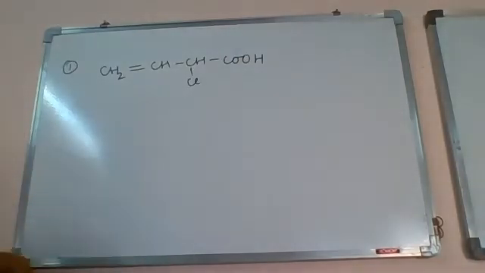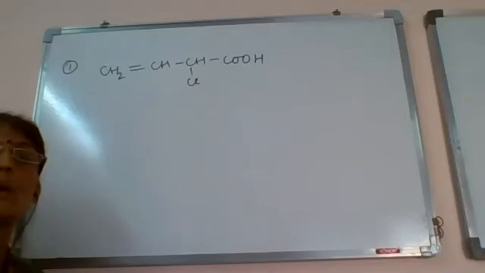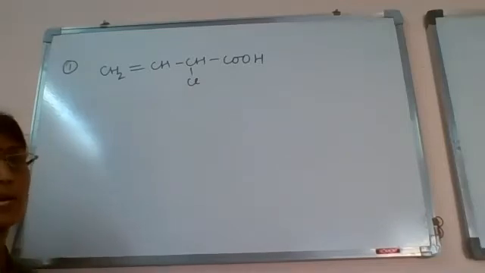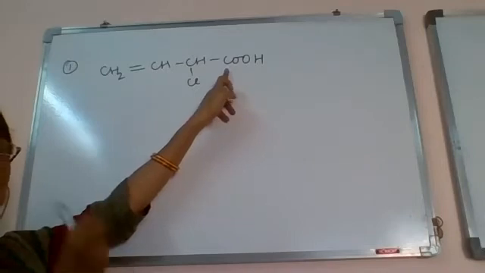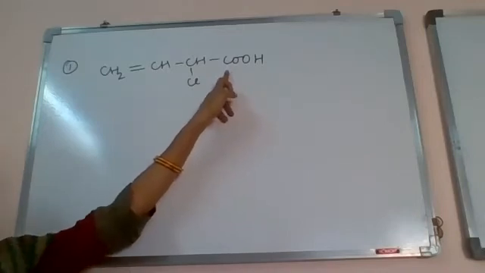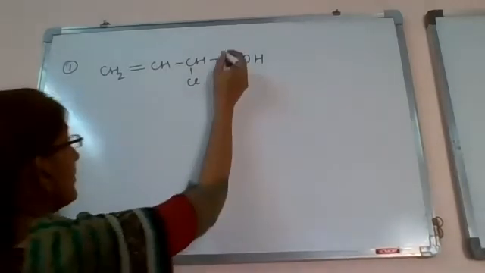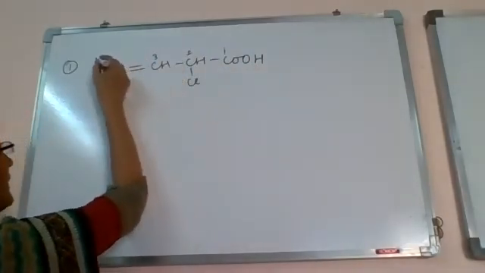How to write the IUPAC name for this compound, student? First of all, you have to make the long continuous chain of carbon atoms. That chain must consist of carbon. Clear? Chain will be 1, 2, 3 and this 4.